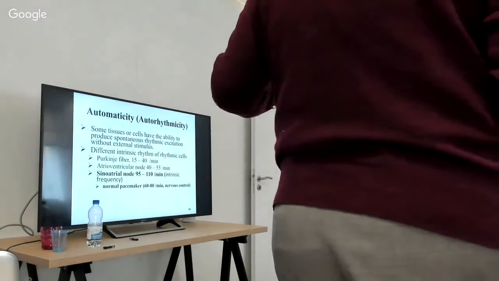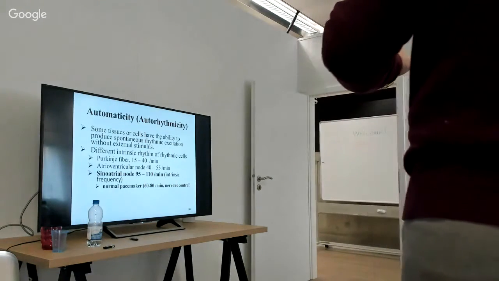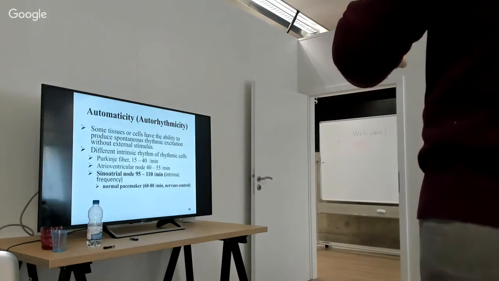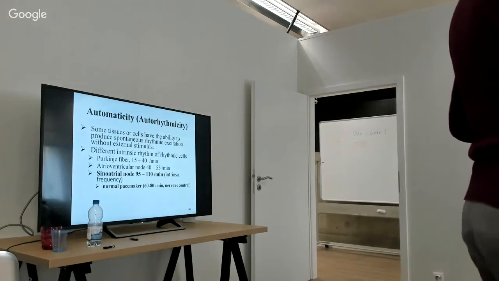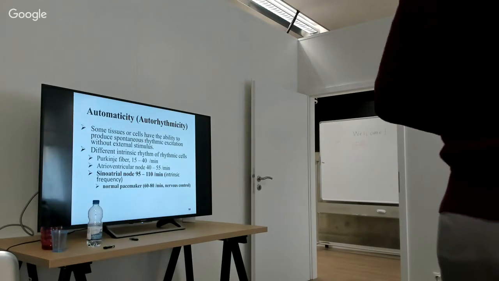The sinoatrial node's spontaneous activity is 95 to 110 beats per minute. Why do we have 70?